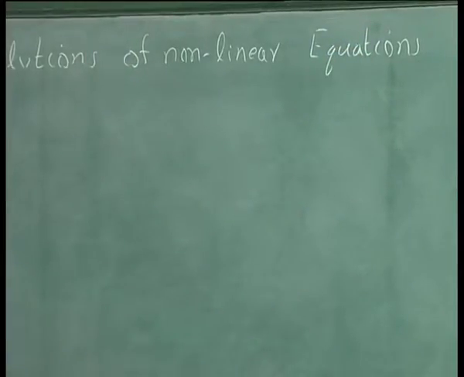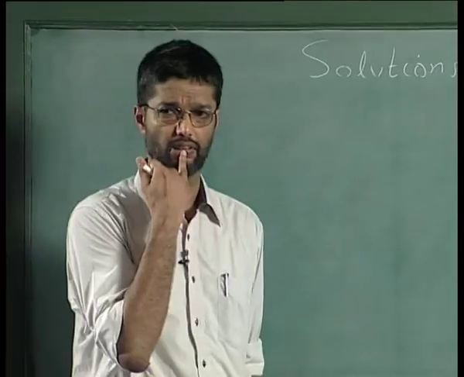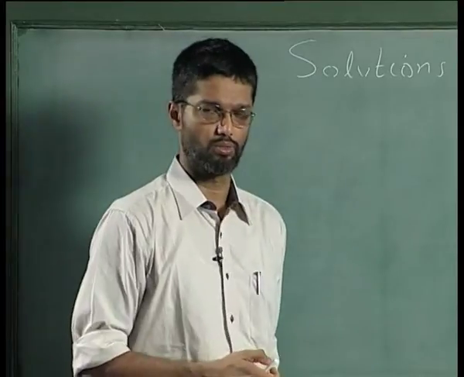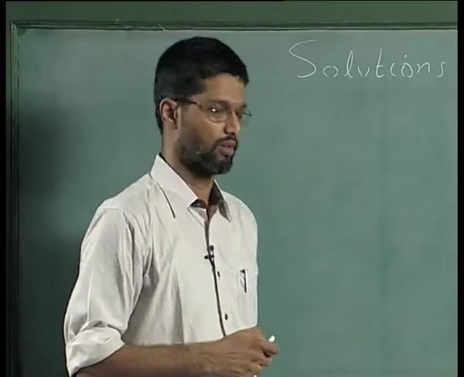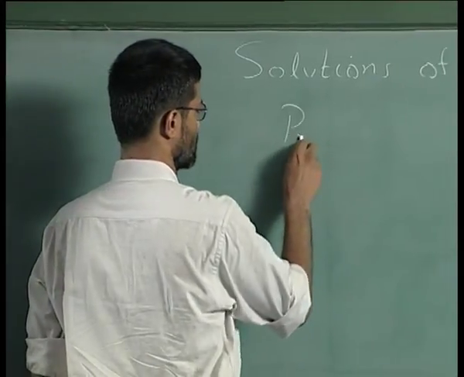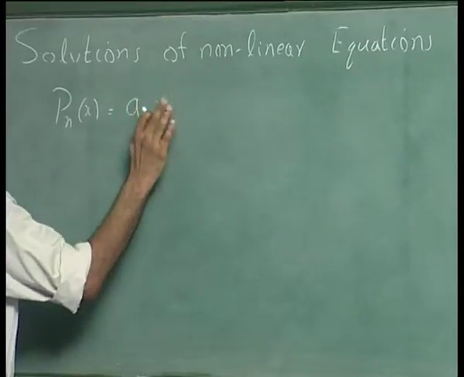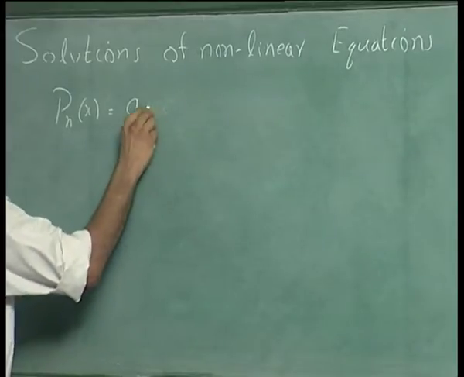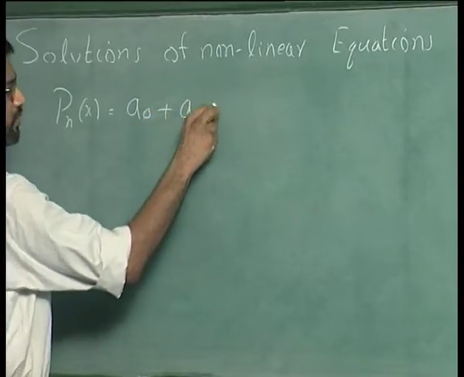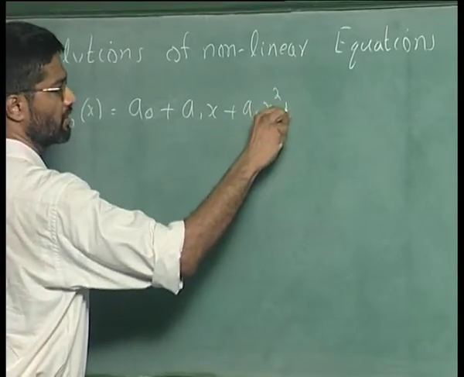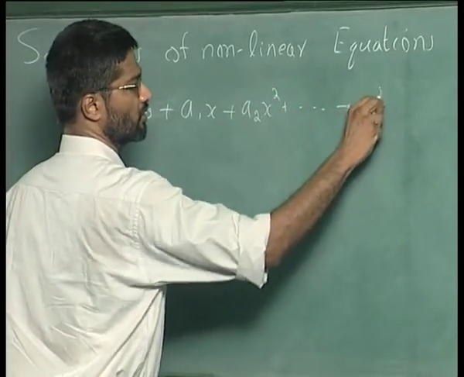So we saw in the last lecture that we have to find solutions of polynomials of the form a0 plus a1x plus a2x squared and so on.